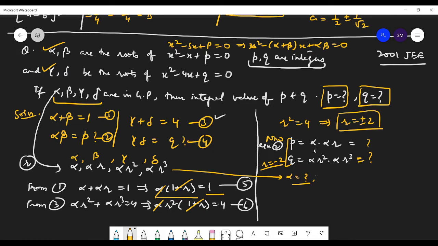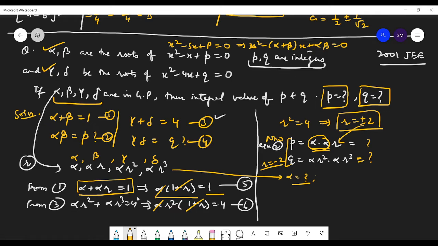But see, we need an integral value. You have got two values of r, or two values of alpha. Which value are you going to take, the integral value or the fractional value? We will have to consider both values. Why?